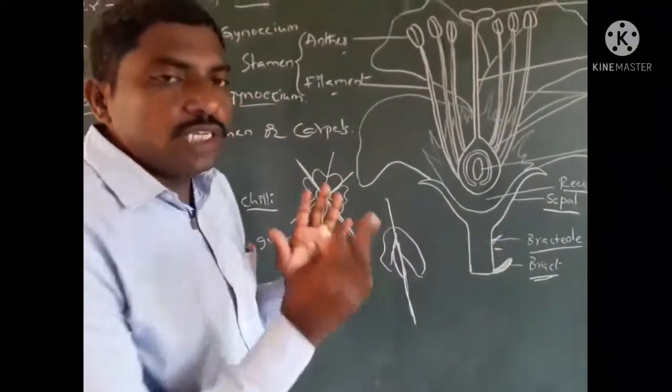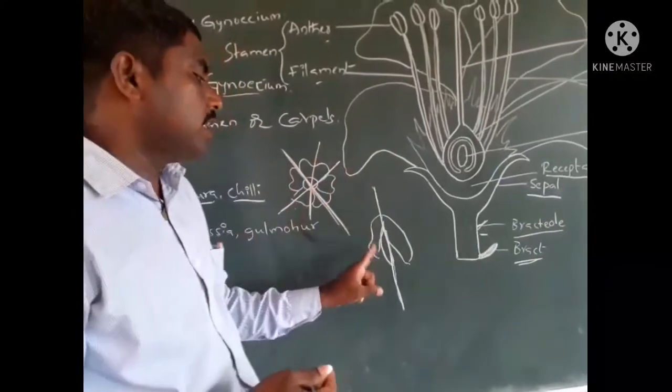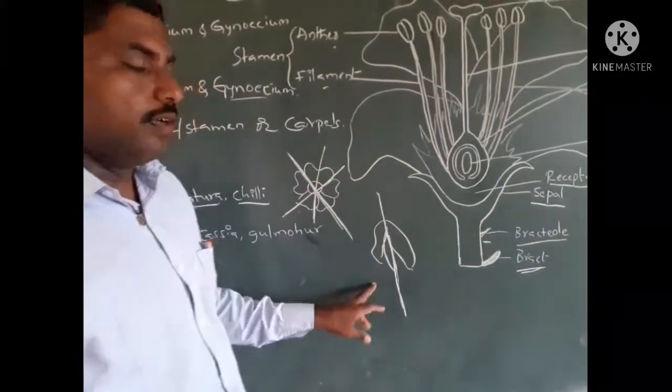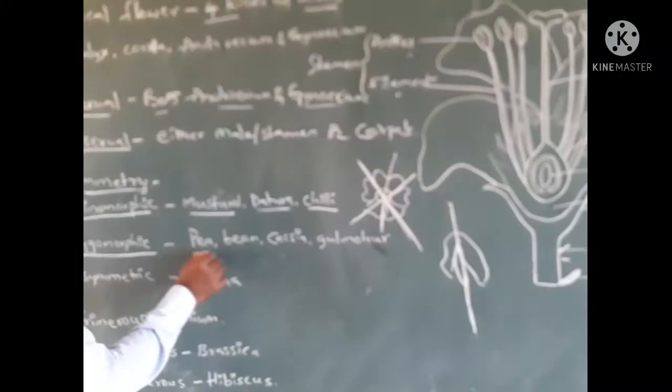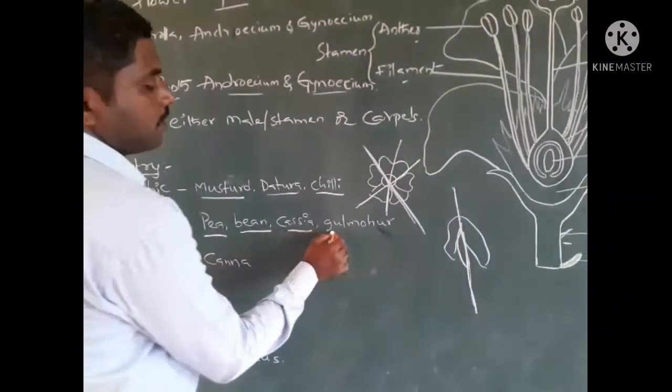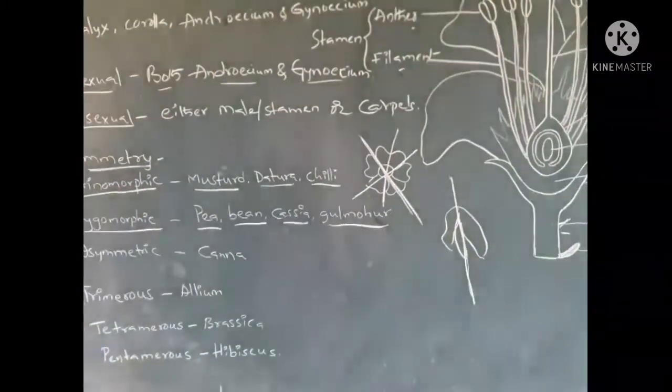The flower which is divided into two equal halves by only one plane is called a zygomorphic flower. Examples: pea, bean, cassia, gulmohar.